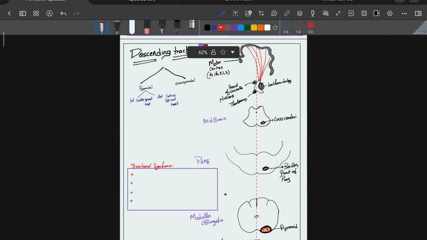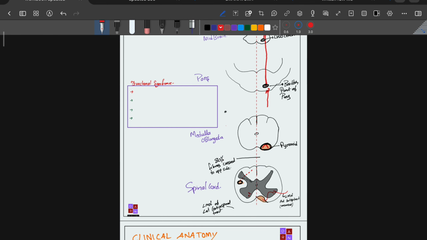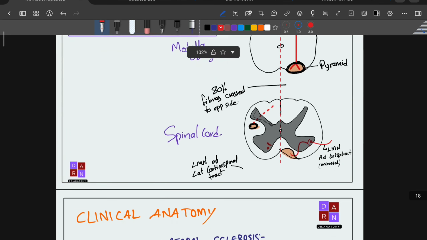From here it goes through the thalamus region and descends to the midbrain, pons, and then descends to the medulla oblongata.